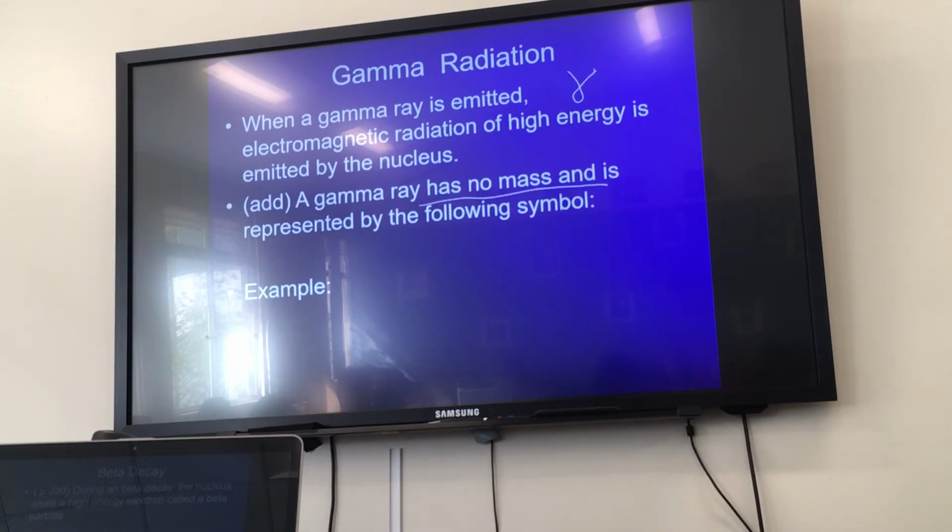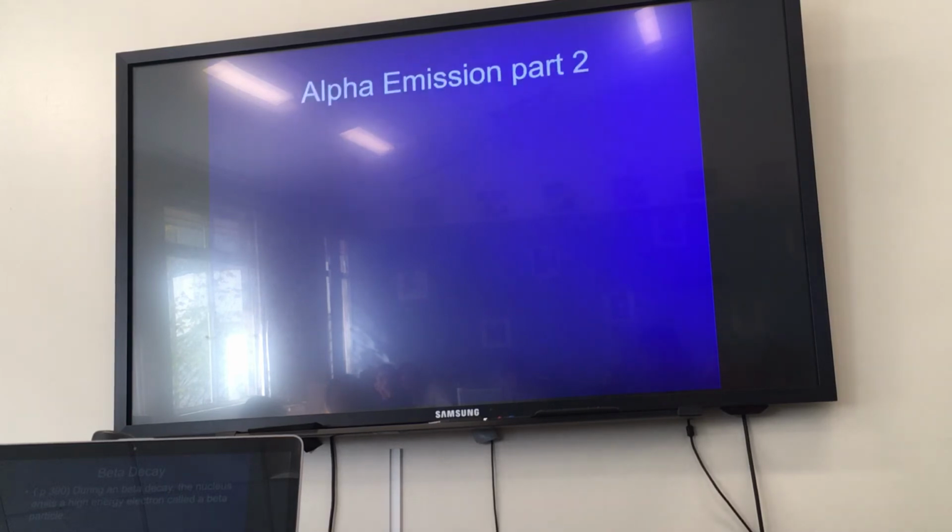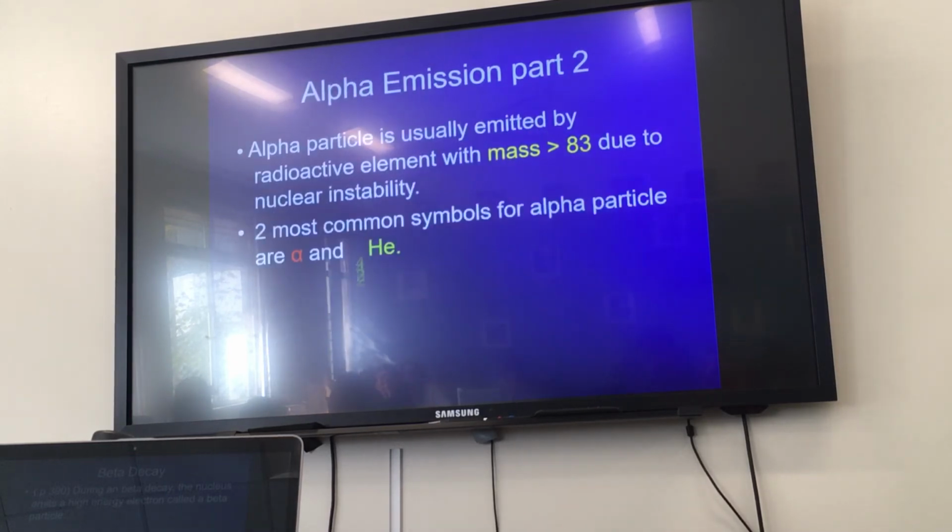So you might have carbon 14, 6, and I get carbon 14, 6, and I want to know what the mystery particle is. There's no number change, so it's this one. That's really all we are worrying about in that particular thing.